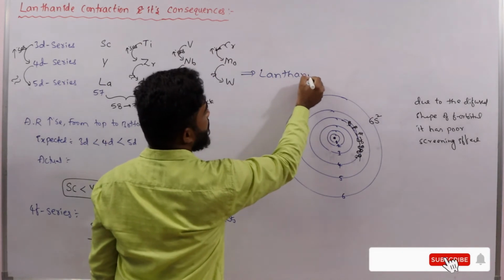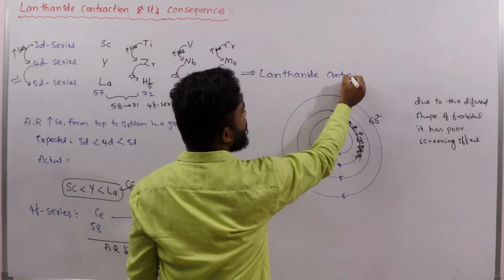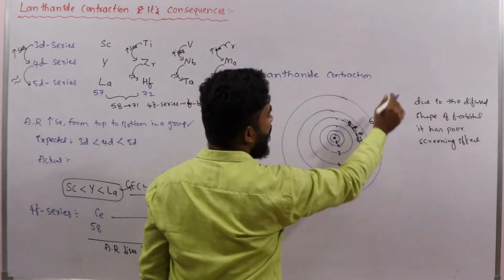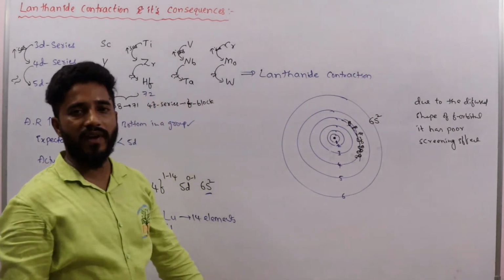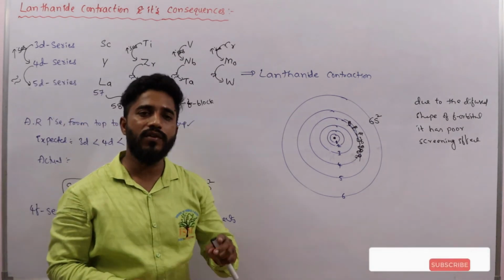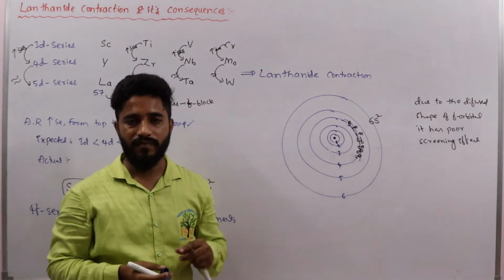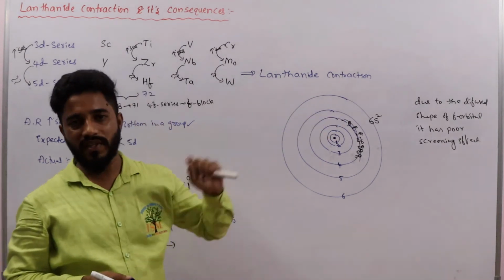Lanthanide contraction. What is the reason for this lanthanide contraction? It is because of poor shielding of f orbital. Why does f orbital show poor shielding effect? Due to its diffused shape, it does not screen the nuclear attraction on the outermost electron.